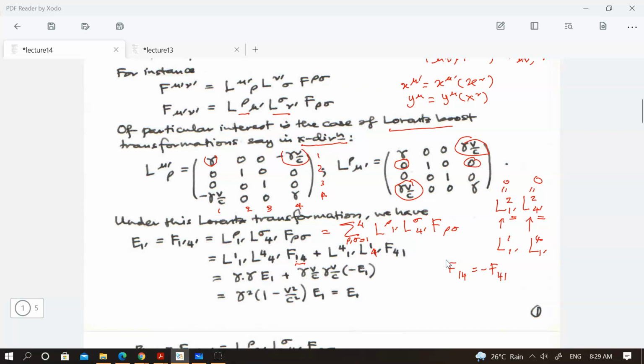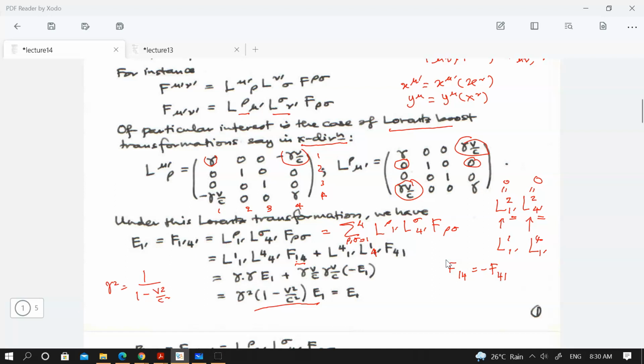So you plug those in, and essentially what do we have? Gamma squared, if I write this, remember there's a minus sign here, so I pull out your common factor of E1 outside here, and then this would be 1 minus V squared on C squared times gamma squared. But what is gamma squared? Gamma squared is simply 1 over 1 minus V squared on C squared. Gamma is 1 over the square root of 1 minus V squared on C squared.